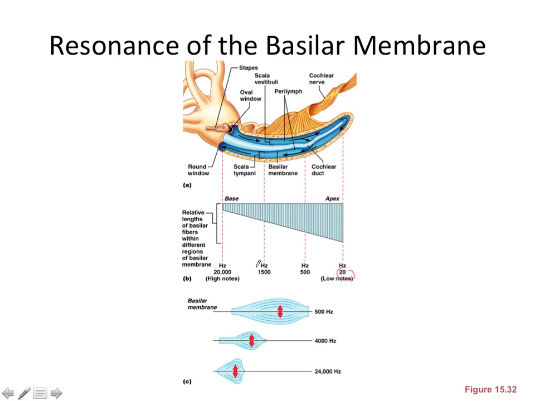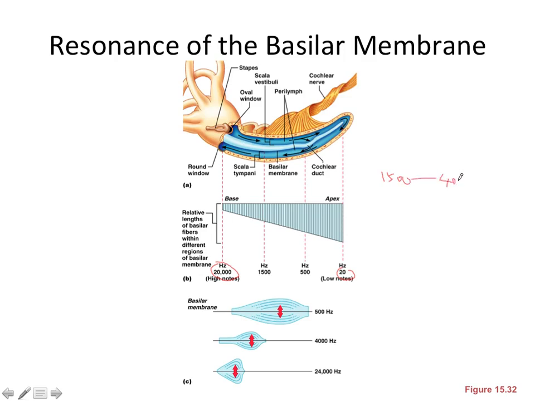The range is between 20 and 20,000 hertz. That means our ear can hear sound vibration between 20 and 20,000 hertz. Actually, human speech is between 1,500 and 4,000 hertz.